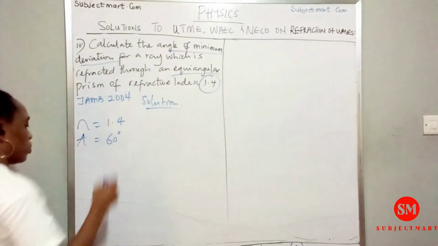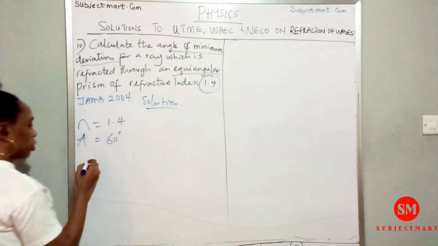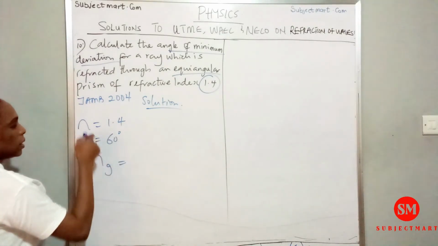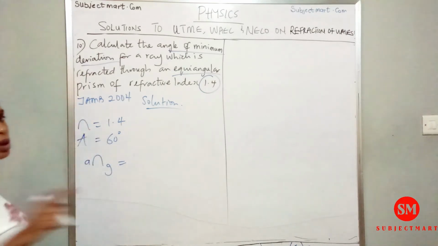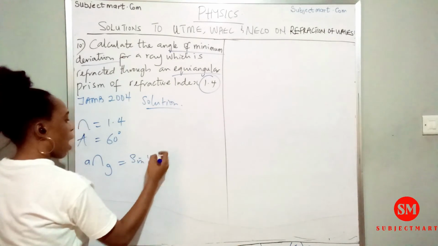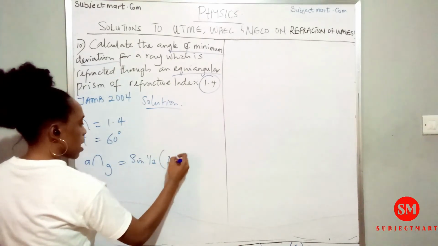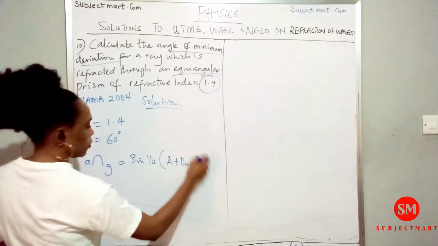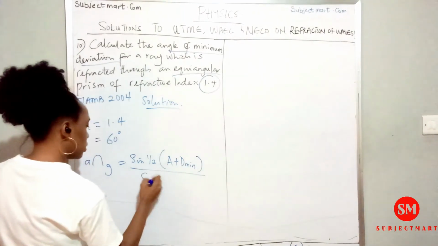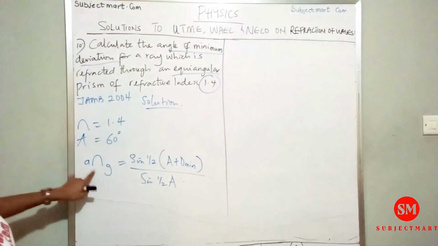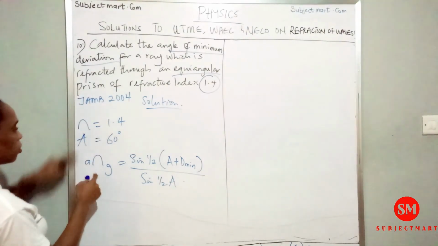So you recall, we have this formula connecting refractive index with angle of minimum deviation: sine half into bracket A plus D minimum over sine half A. So I'm just going to input the values.